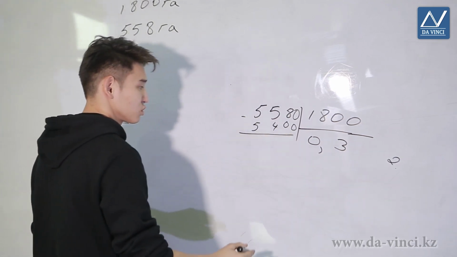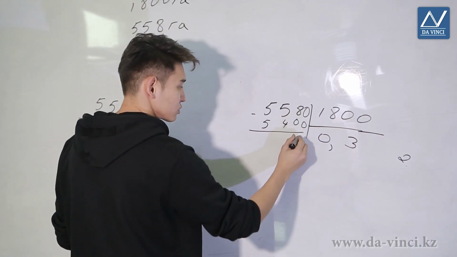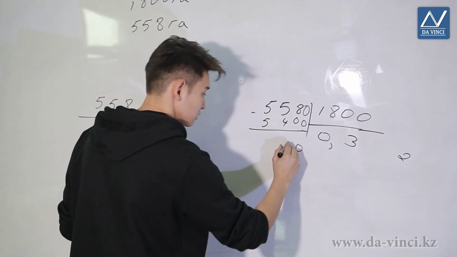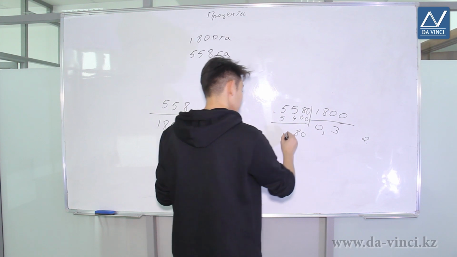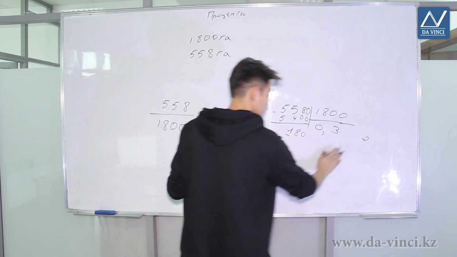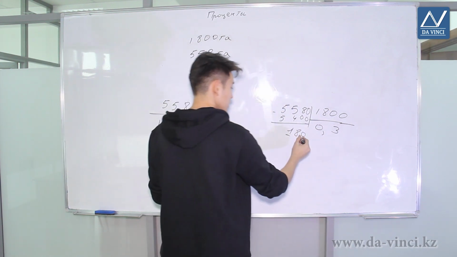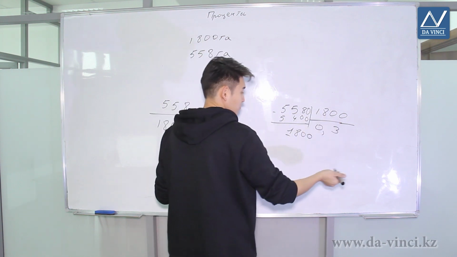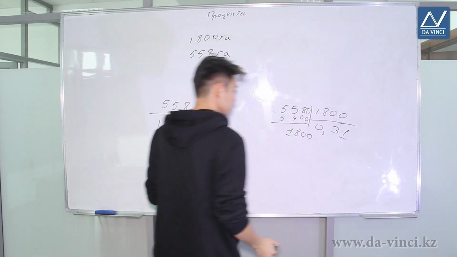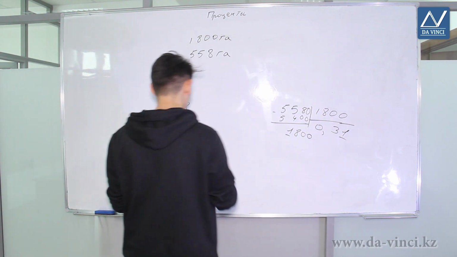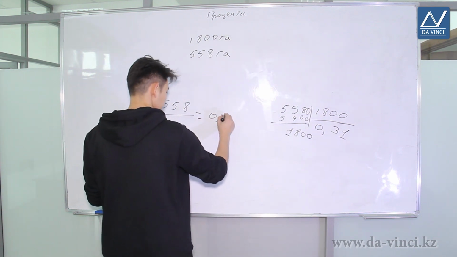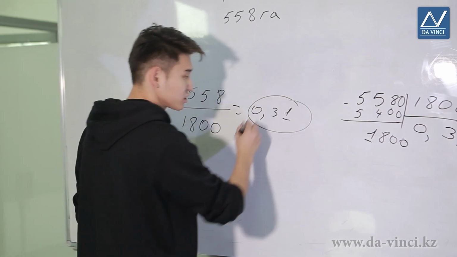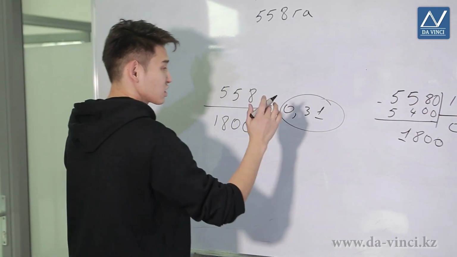Very close, but not quite. That is, 0 minus 0 is 0, 8 minus 0 is 8, 5 minus 4 is 1. That is, 180 will remain. Adding another 0, 1800 divided by 1800, 1. That is, we got 0.31. That is, this part of the land is planted with potatoes.